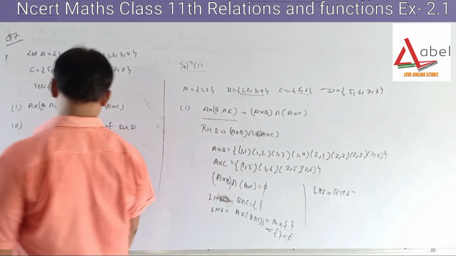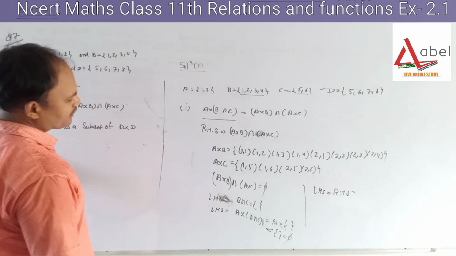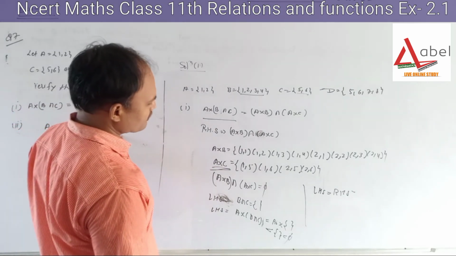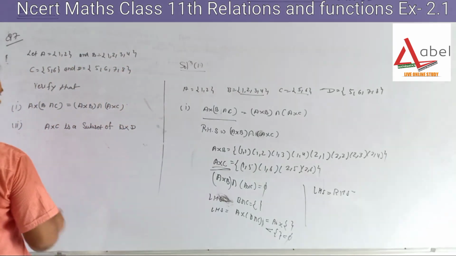Okay, LHS equals RHS. Now, A cross C is a subset of B cross D. We have already found A cross C, and B cross D is not given, so we have to write it here.